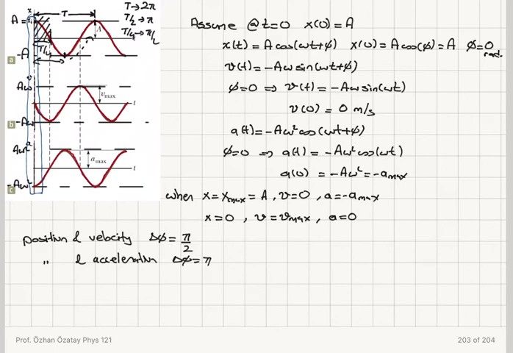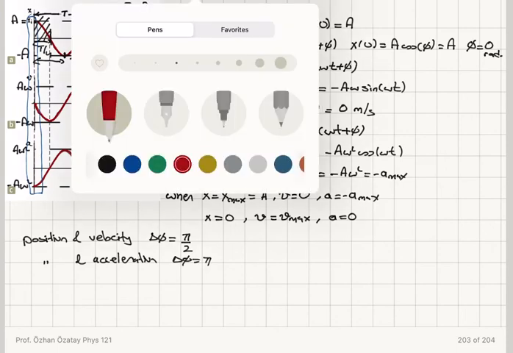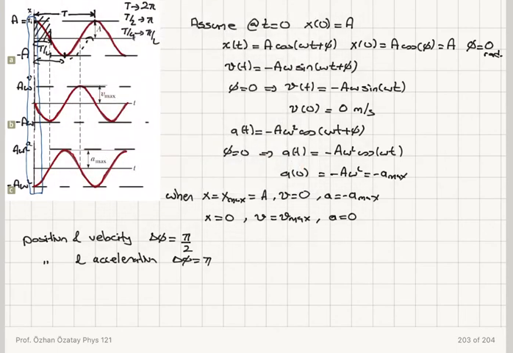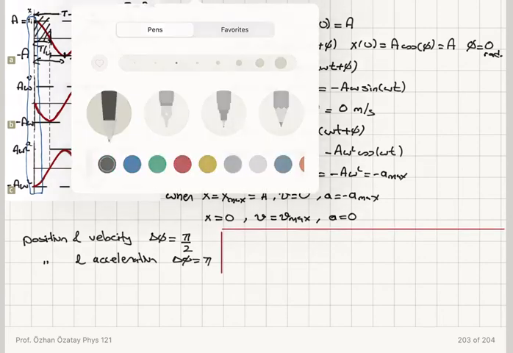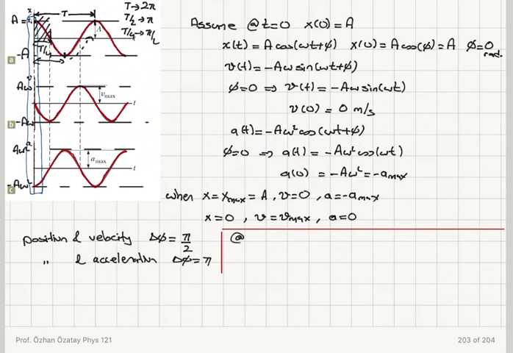Okay, now there's one more thing I'd like to mention. So these plots have been produced by the assumption that at t is equal to 0, x is equal to a. So let me think about another case here.